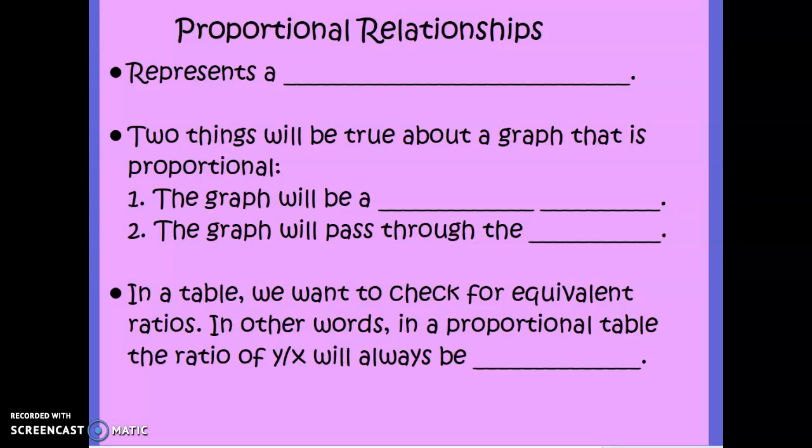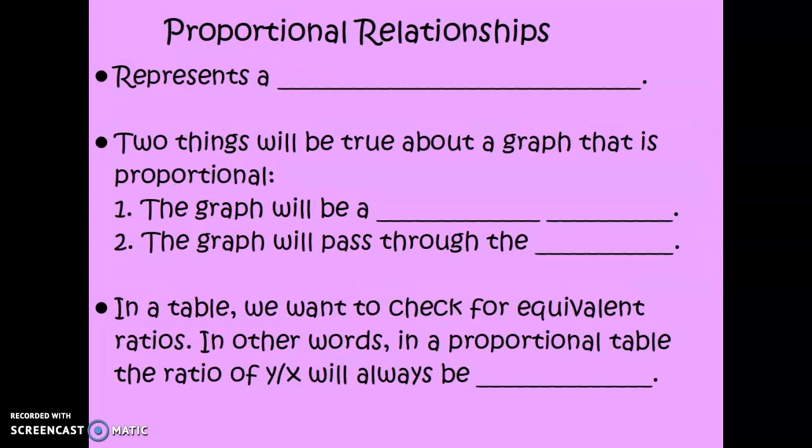So proportional relationships always represent a constant rate of change, okay, which means the rate is changing at the same pace or the same speed or whatever it is we're talking about. It stays constant. So always forget to select the pen.